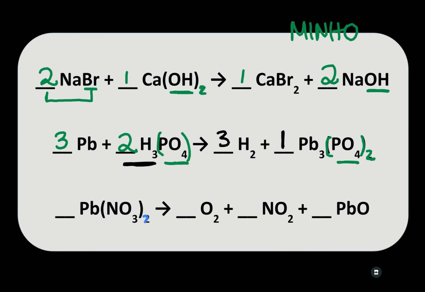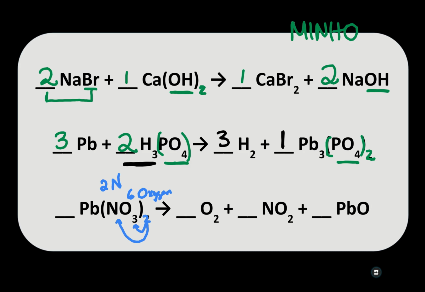This number outside distributes to this number and this number right here, or to that element, I'm sorry. So technically, I have two nitrogens on this reactant and six oxygens here. Okay, so we haven't really done this part yet, so we're going to work on this together.